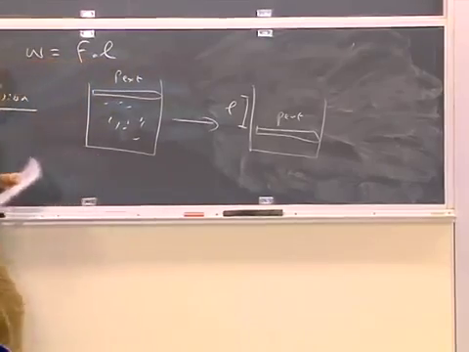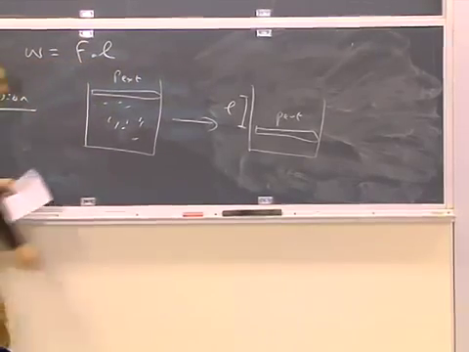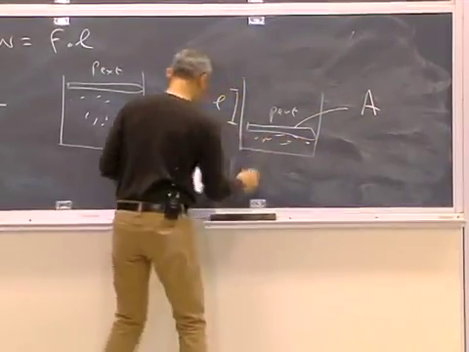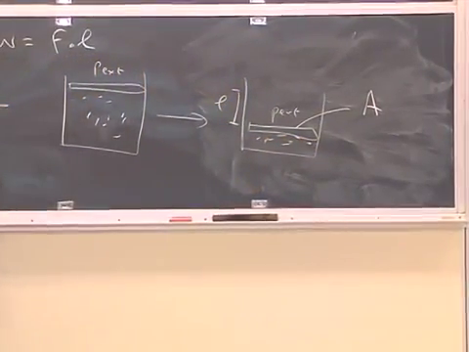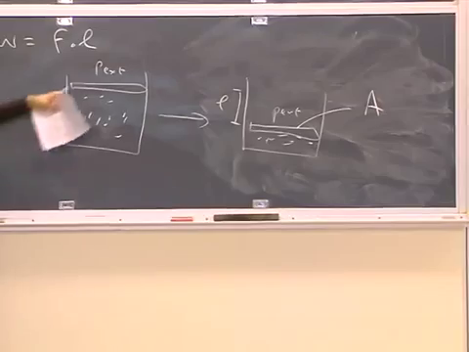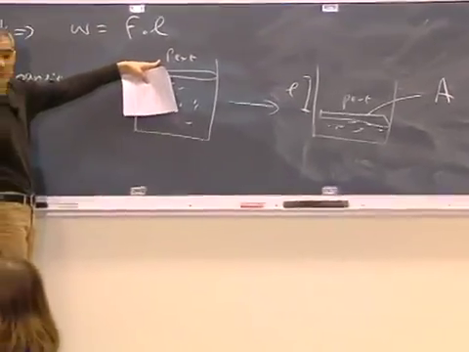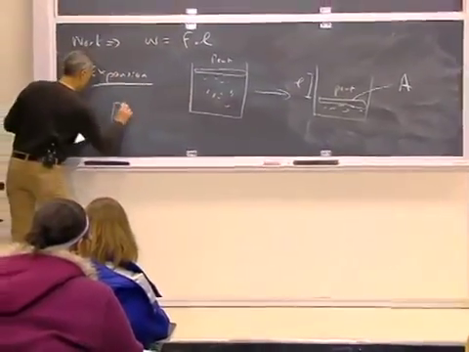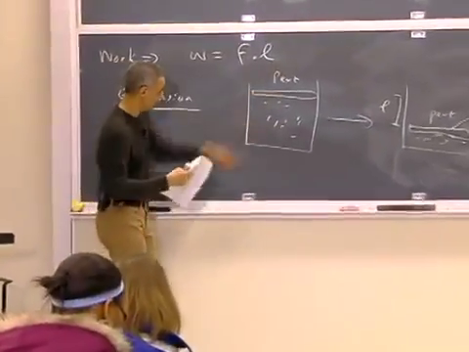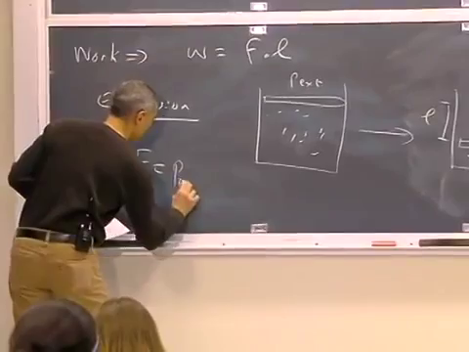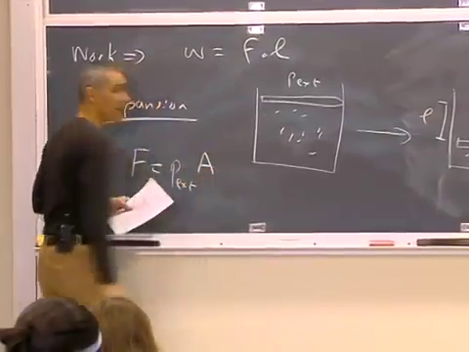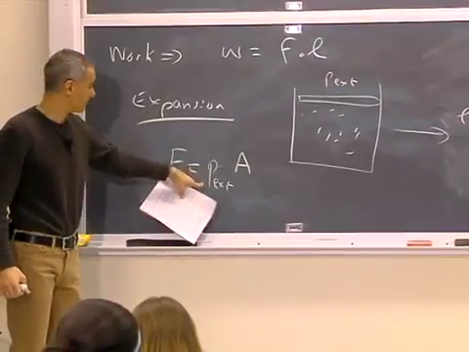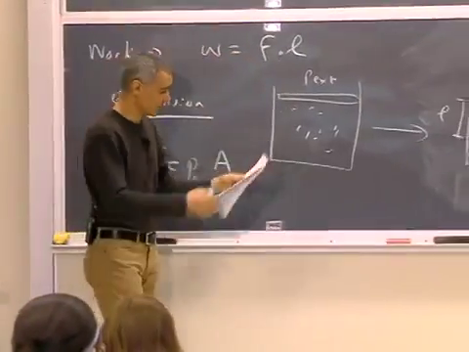The piston goes down by some distance L. The piston has a cross-sectional area A. And pressure is force per unit area. So the force that you're pushing down with here is the external pressure times the area. That's the force you're using to push down.